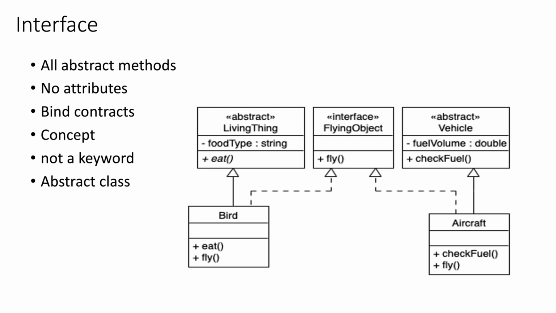We have seen abstract method means no implementation is given. Abstract class means its instance cannot be created. If there is at least one operation which is abstract in a class, we must declare that class as abstract. But even if all the methods are non-abstract in a class, we can still declare that class as abstract.